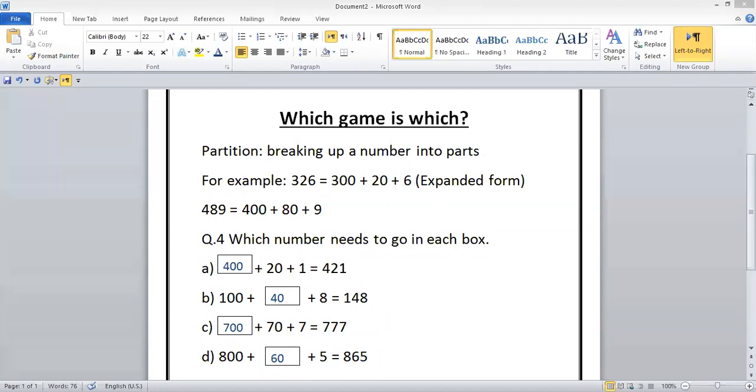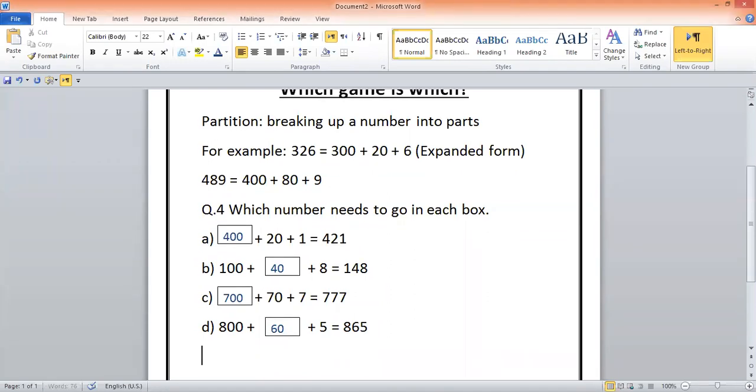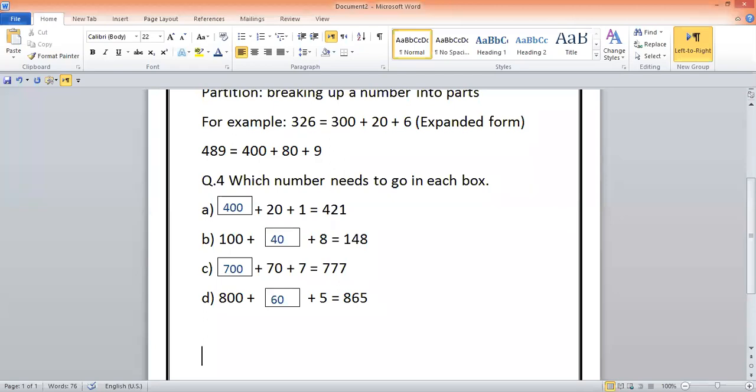Okay, so after this, I'm giving you a simple concept. Do you know about 32 tens? What is the value of 32 tens?